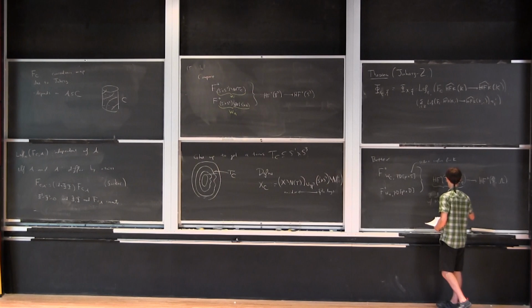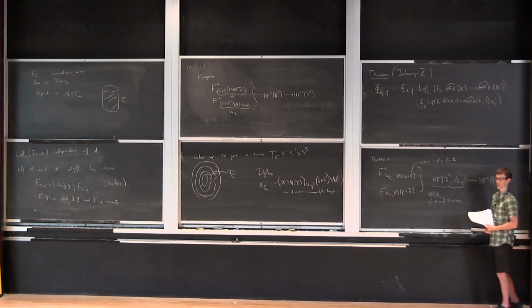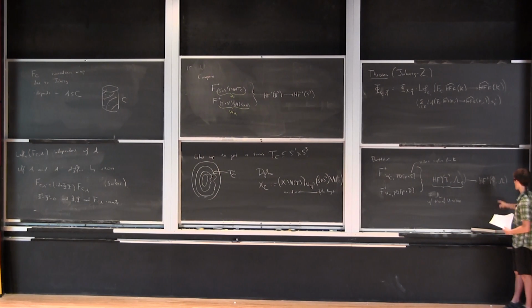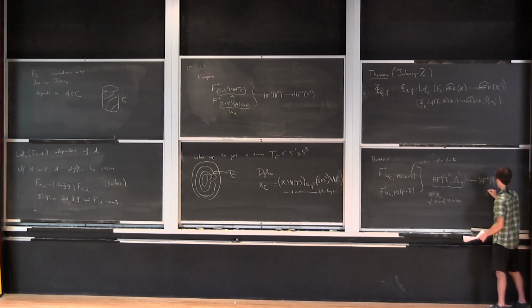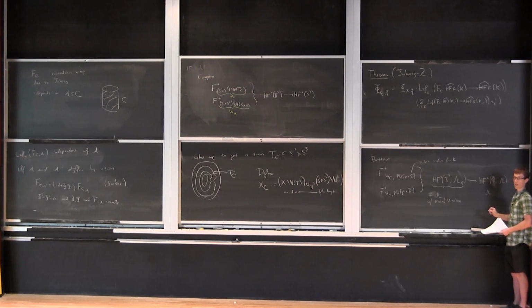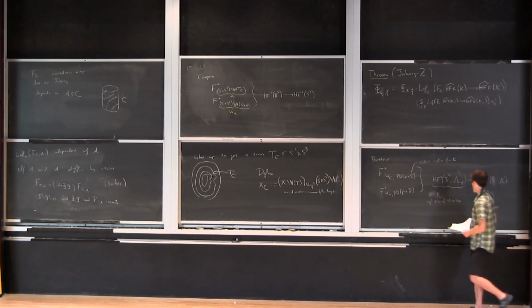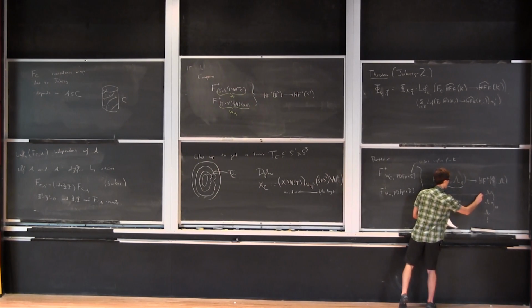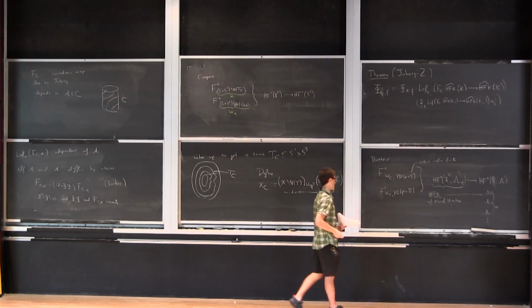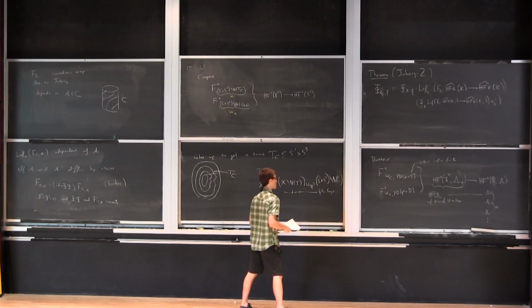And so this fact is what lets us do any of the computations. And HF plus of S3 is just like a tower of Novikov rings, and the U action moves from one to the other. And so we have this map from here to here, and our goal is to compare them.